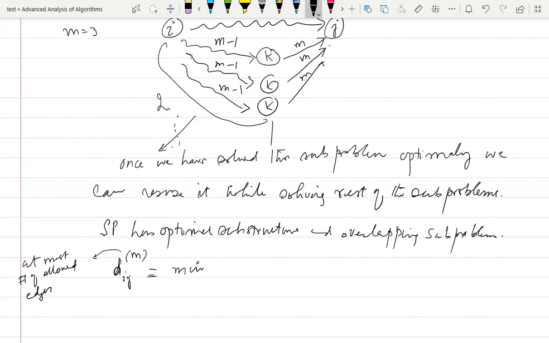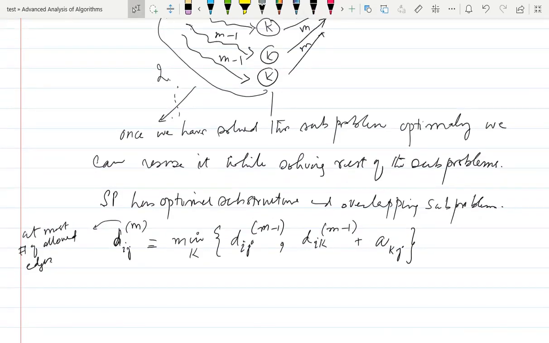That means there has to be some kind of a recursive call in which I have two possibilities. I have to take the minimum of two possibilities: whether I will stick with my old solution, the old best path, which is taking only m-1 edges, or I will use Dik plus an additional direct edge from k to j, and see whichever is the smallest one, we will pick as the shortest path.